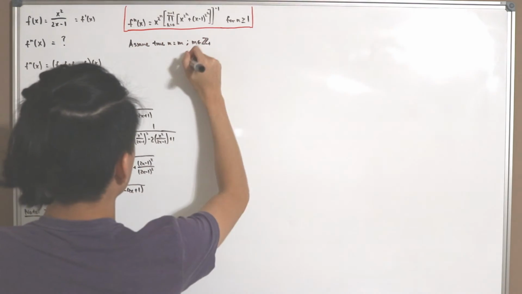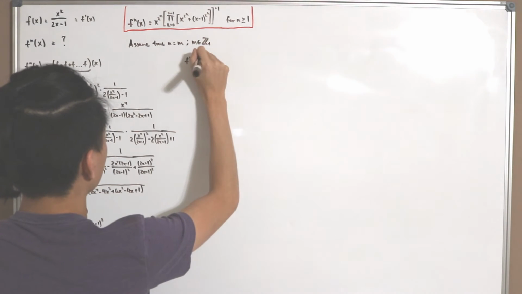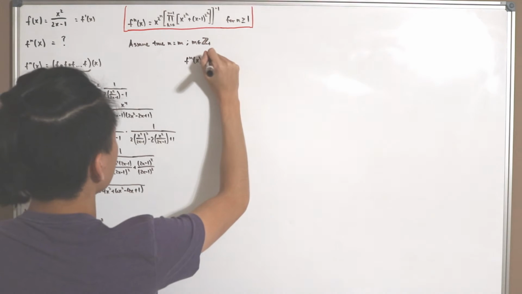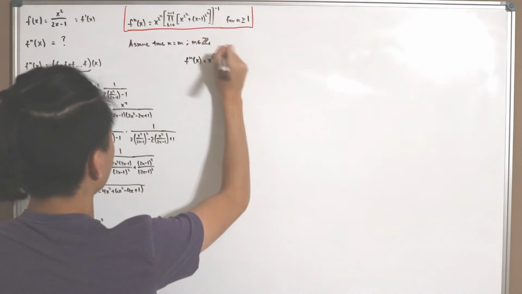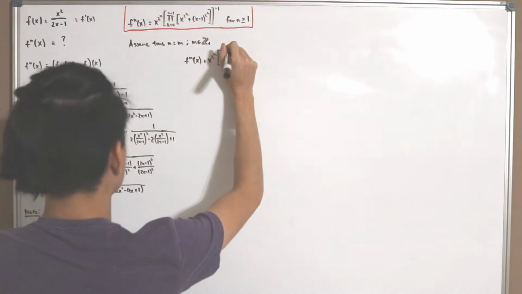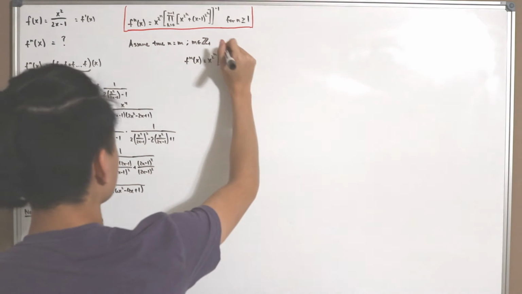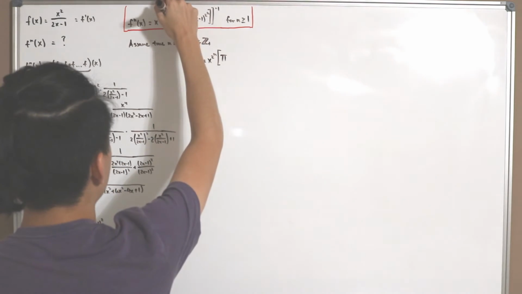I'm going to put it right over here. f of m is equal to x to the power m, then the whole product series again. That's supposed to be n over here, by the way.